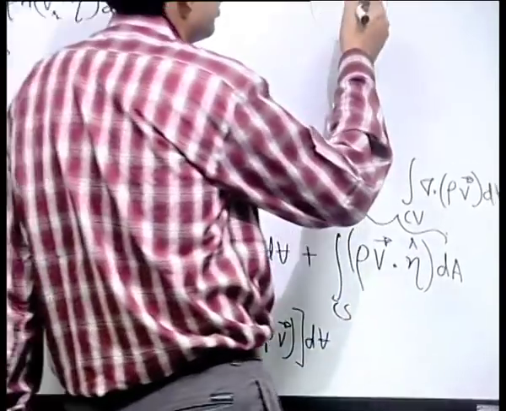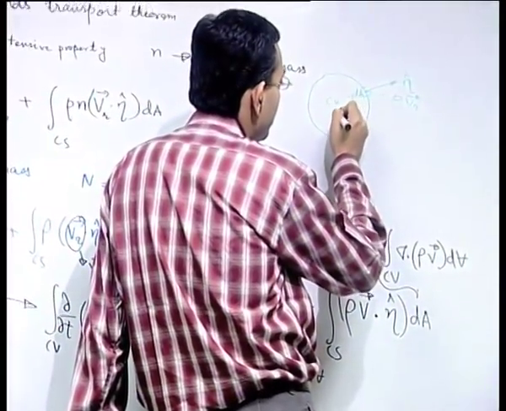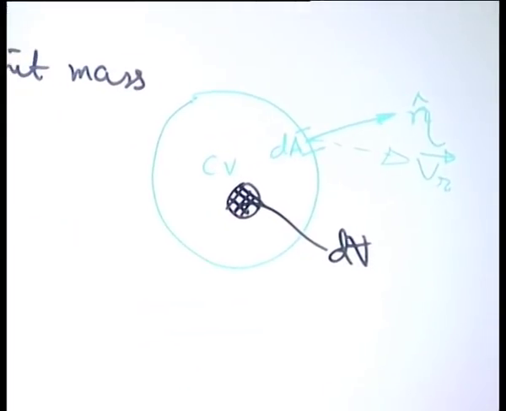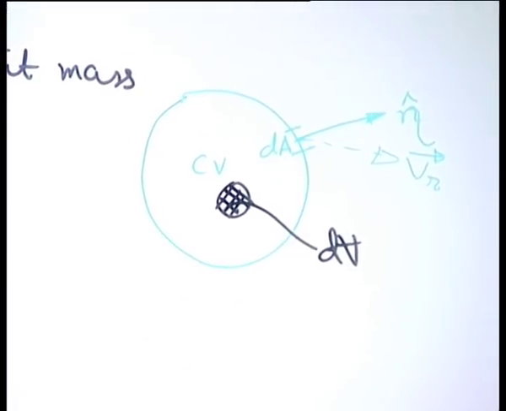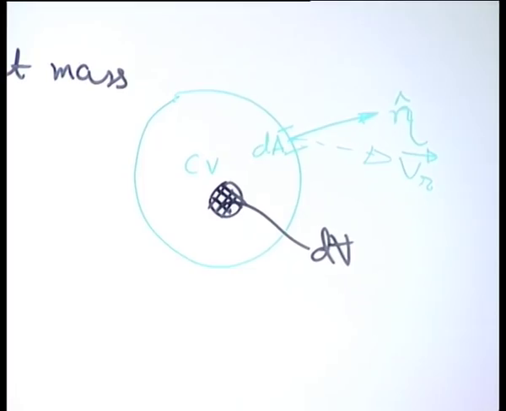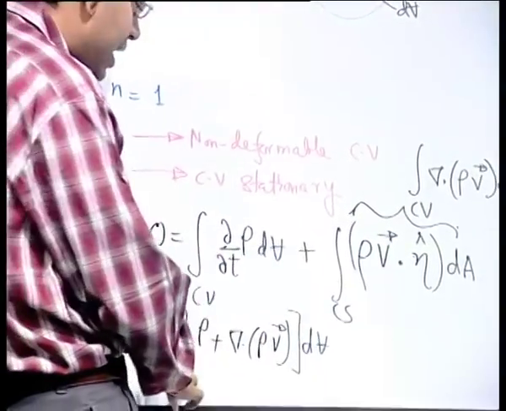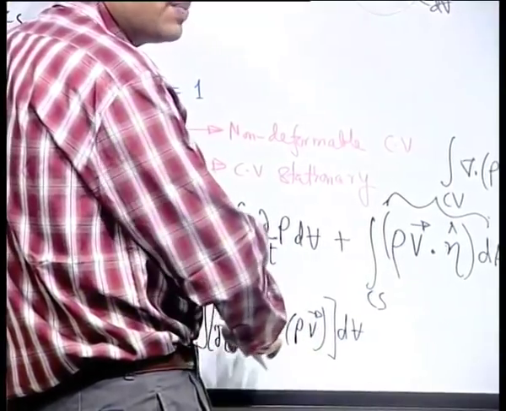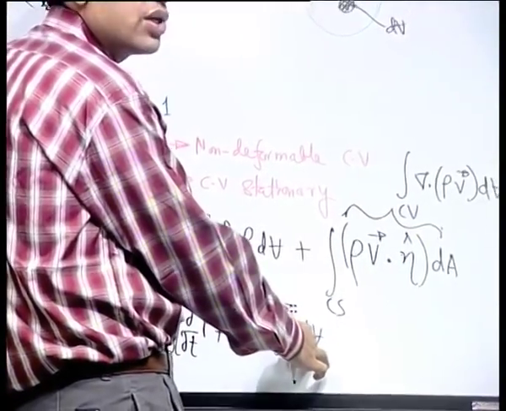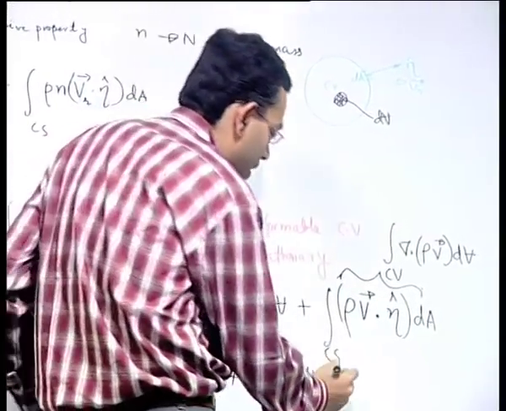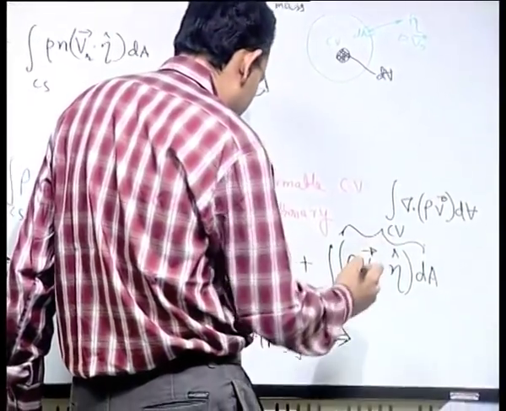That means within the control volume you choose any elemental volume and you call it dV. Because the choice of dV is arbitrary, the limits of integration are arbitrary, and this has to be satisfied irrespective of where you choose your elementary volume, and that implies that the integrand itself is equal to 0.